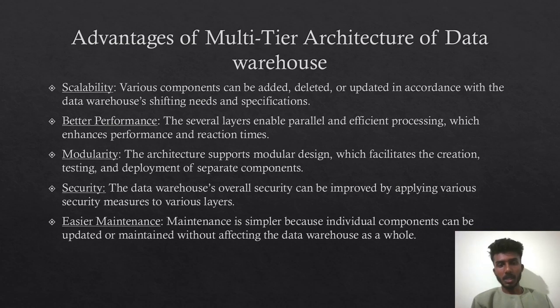Modularity: the architecture supports modular designs, which facilitates the creation, testing, and deployment of separate components. Security: the data warehouse's overall security can be implemented by applying various security measures to various layers. And the last one is easier maintenance. Maintenance is simpler because individual components can be updated or maintained without affecting the rest of the data warehouse.